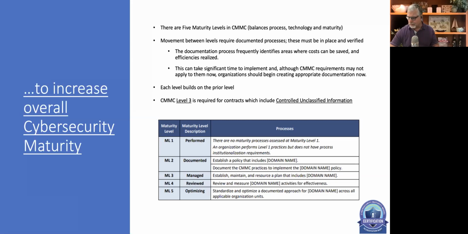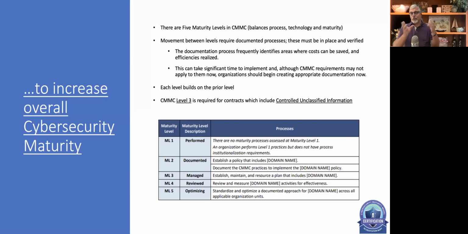So one thing to remember here is that if you assess a company at level 1, you're assessing them at level 1 processes too, meaning they need to be performed, which is the just-do-it level, right? Right. If I assess a company at level 3, I need to assess that company in the context of this word managed, which means establish, maintain, and resource a plan that includes whatever domains are in scope.